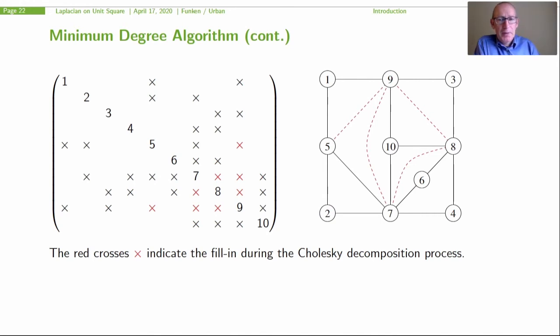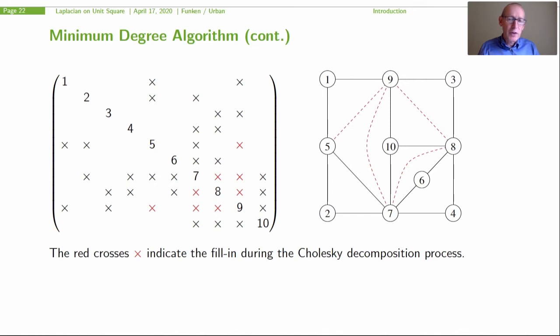Okay. But updating and introducing these additional edges is time consuming. You need additional memory in your computer. It's quite dynamic, not predictable, complicated.